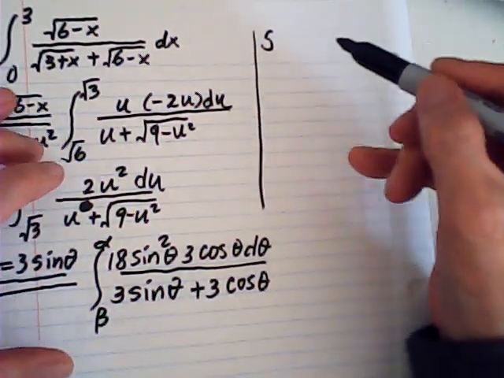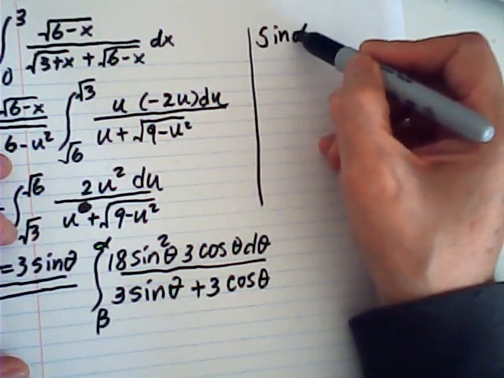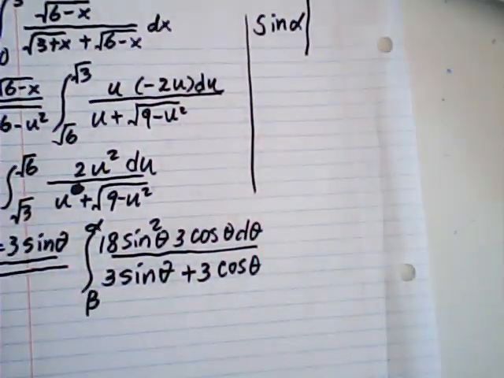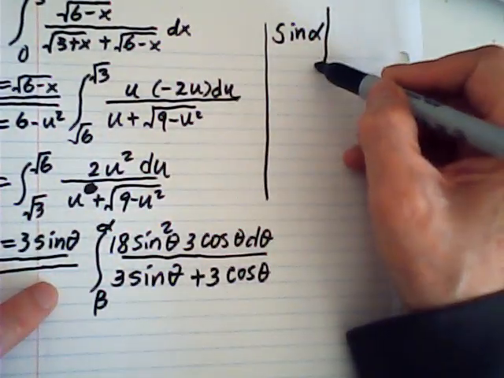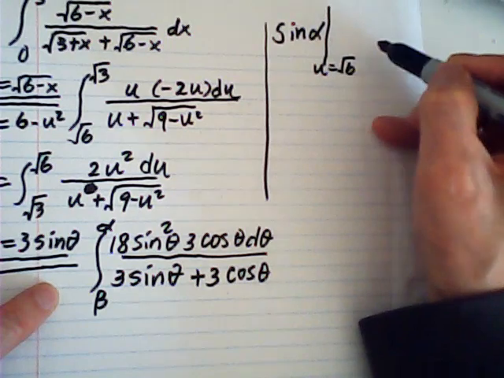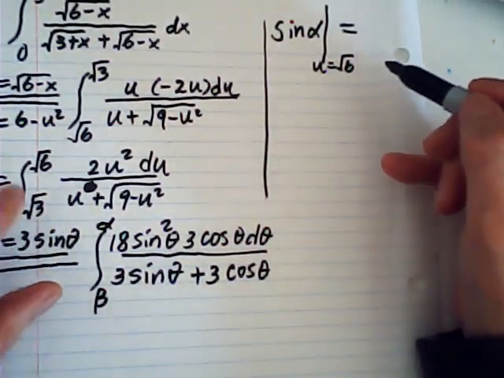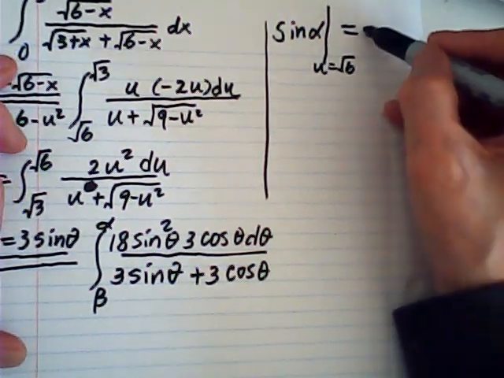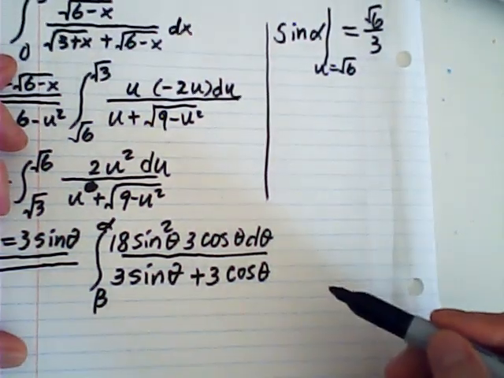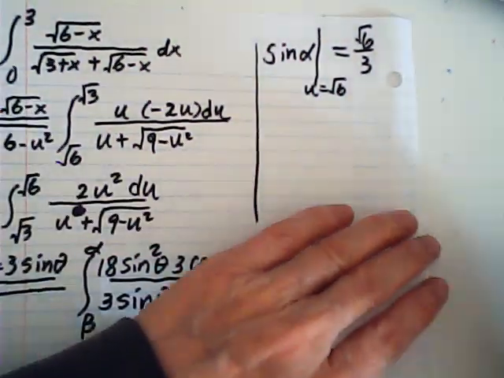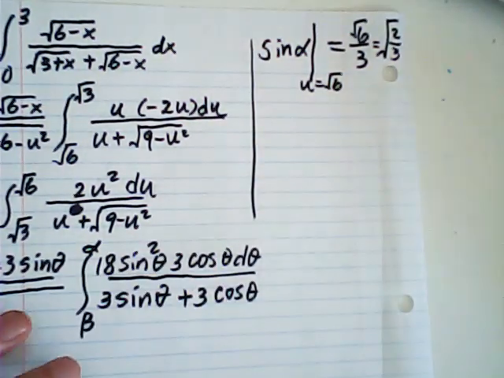Now, what is alpha? Sine alpha, when u is equal to root 6, will be equal to root 6 over 3, which is equal to square root 2 over 3.